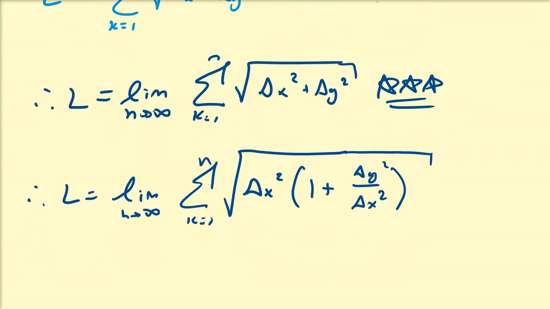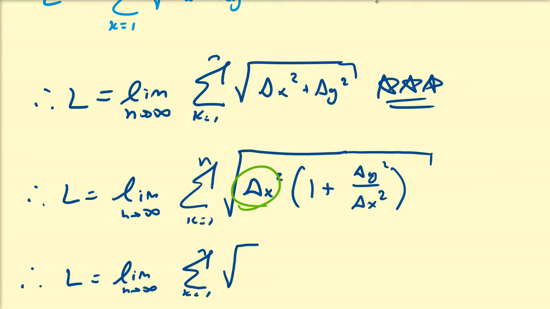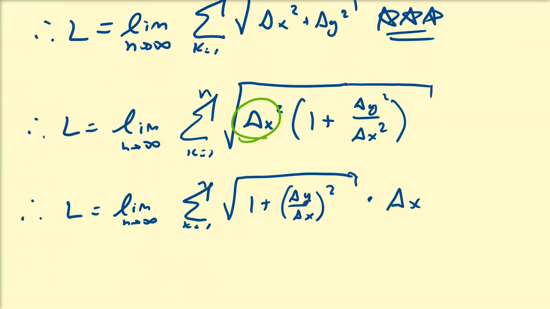And then I can take the square root of this delta x squared, which just gives me delta x. So this is equal to the limit, as n goes to infinity, of the sum from k equals 1 to n of the square root of 1 plus the quantity delta y divided by delta x, squared, times delta x on the outside.